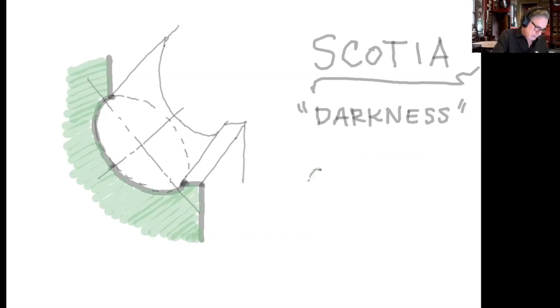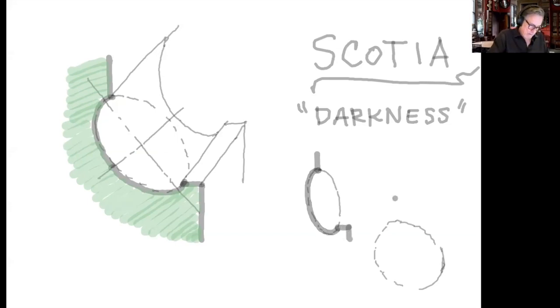So it could be very attenuated and vertical like this, or it could be very deep and shadowy, like this. So our scotia could be something like that, or it could be very deep and carved really deeply into the surface. Those are both scotia.